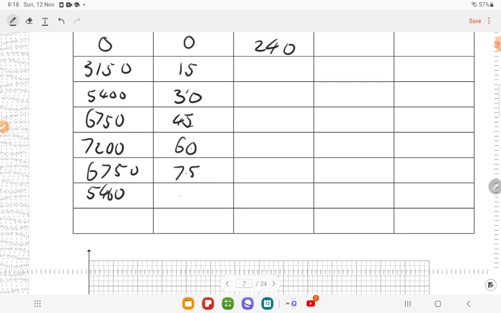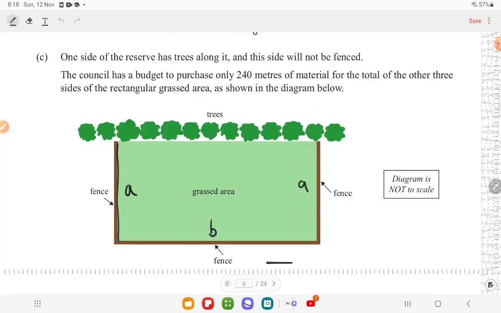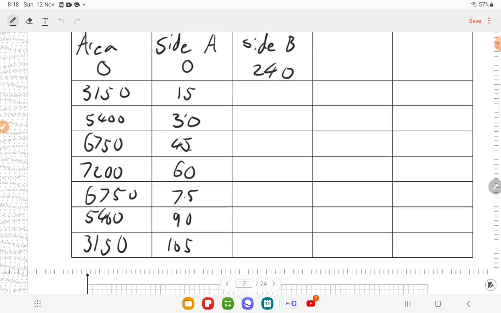75, 90, 105. And the side length B is 240 take away 2A: 210, 180, 150, 120, 90, 60, 30.